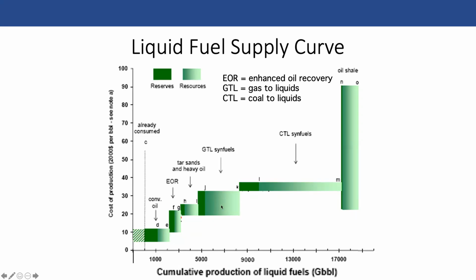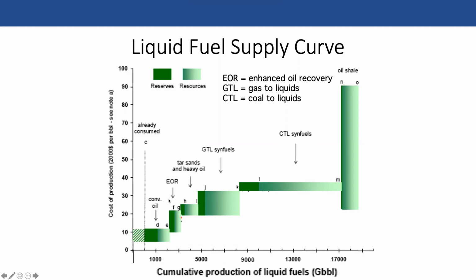Once you run out of conventional oil, then you want to do the next available resource. And so EOR stands for Enhanced Oil Recovery. It's a technique to get at oil in a less efficient manner, a little bit more expensive, and so we can see that the cost of that increases.